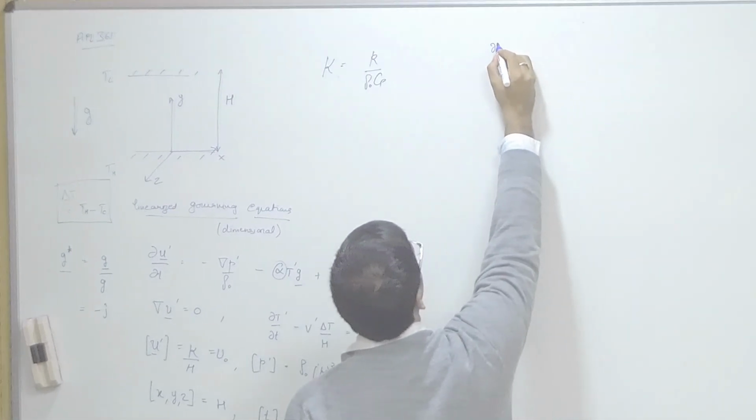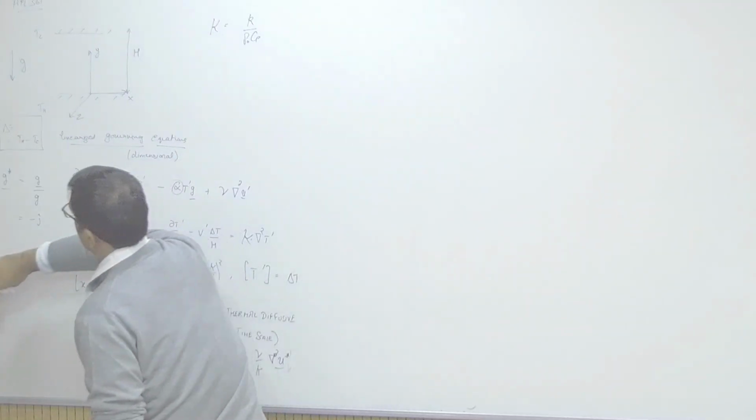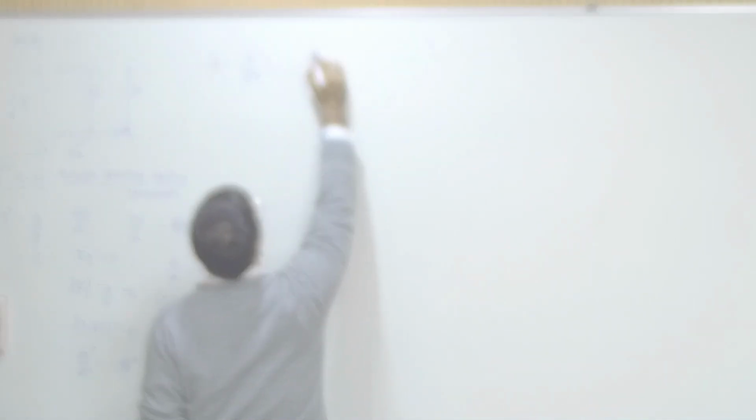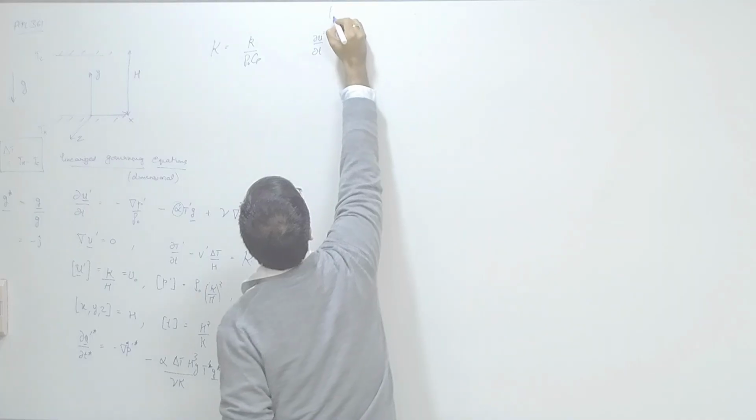So if we write these equations for each of the components, we'll drop the stars now.